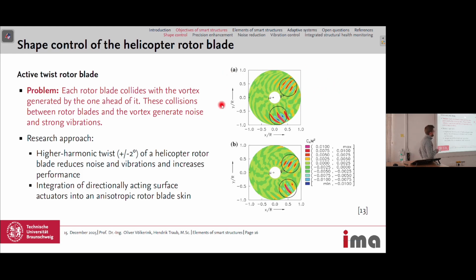This shows the normalized lift with the system turned off, so a passive rotor blade, and you can see these red areas where lift is higher than the average lift, so it's normalized to 0. The average lift is 0, and these red areas are areas where we have higher lift, and therefore also generated noise and vibrations.